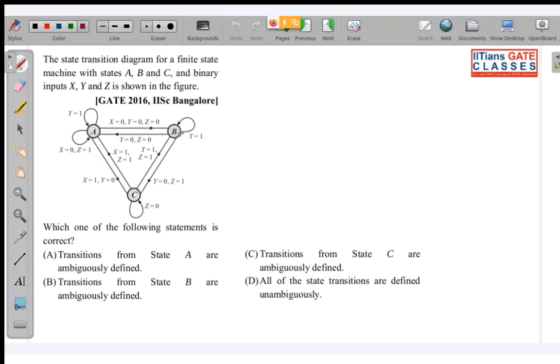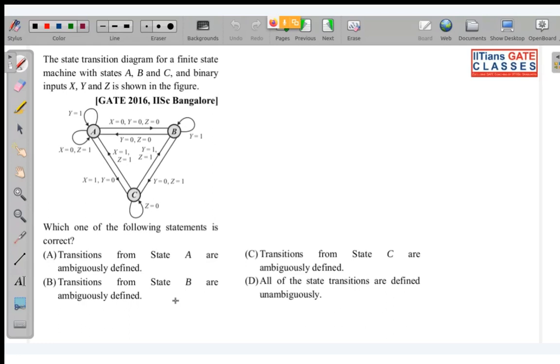If the transition from B to A or B to C is ambiguously defined, then you write option B. If from C, whether you go to A or B, it is ambiguously defined, then you write option C. If the transitions of all three states are ambiguously defined, you write option D. Now, how are you going to make the truth table?